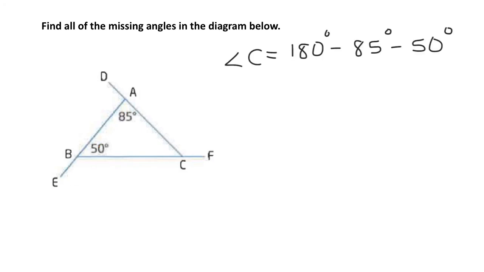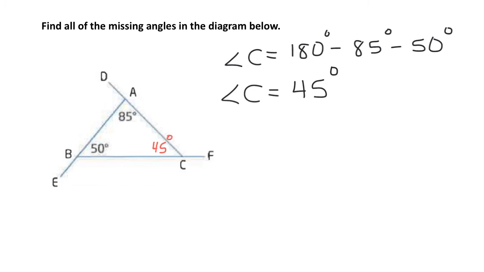So I've gone ahead and set up my equation, and if I subtract 180 minus 85 minus 50, I get an answer of 45 degrees. So I'm going to go ahead and put that into my diagram so we know what angle C is.